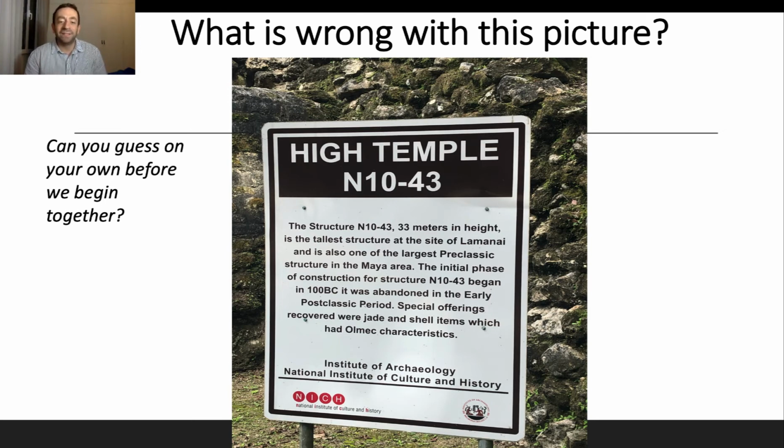The initial phase of construction for structure N1043 began in 100 BC. It was abandoned in the early post-classic period. Special offerings recovered were jade and shell items, which had Olmec characteristics, referring to another indigenous group of people in this part of Central America. Institute of Archaeology, National Institute of Culture and History.